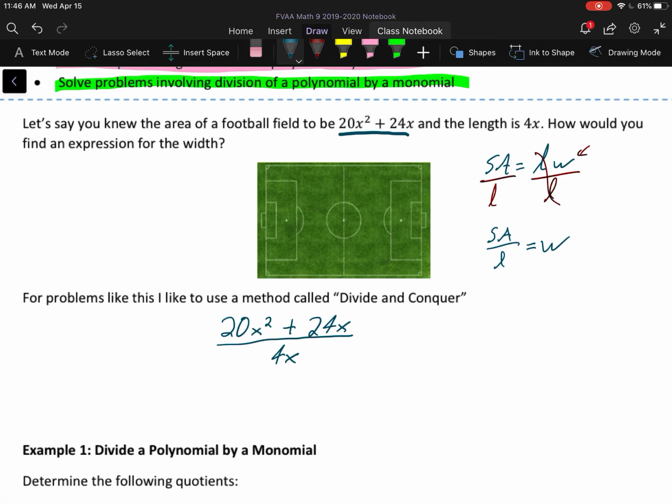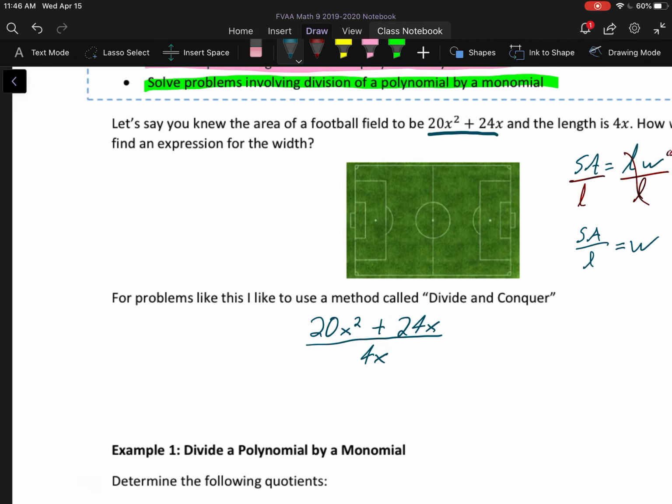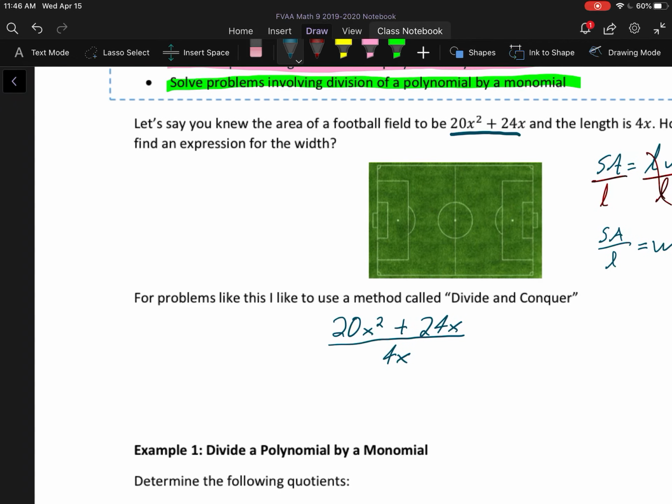Which brings us to the crux of this section, which is how do I divide a polynomial by a monomial? If you remember back to last lesson, we learned how to multiply a polynomial by a monomial. If I said 2x times x plus 5, I know that I have to distribute the monomial to each term in the polynomial.